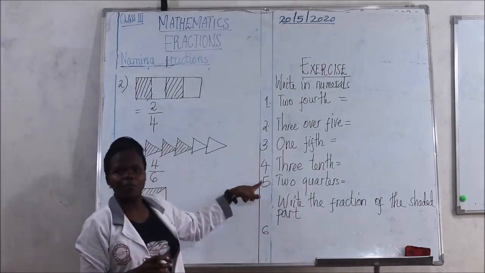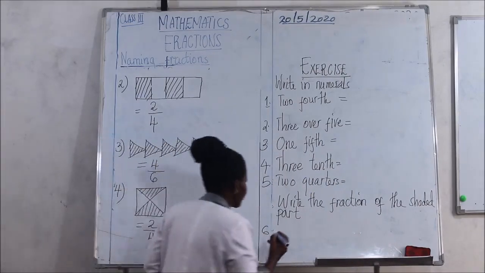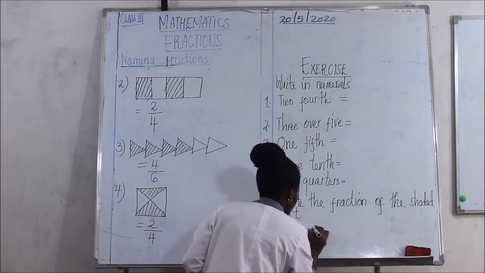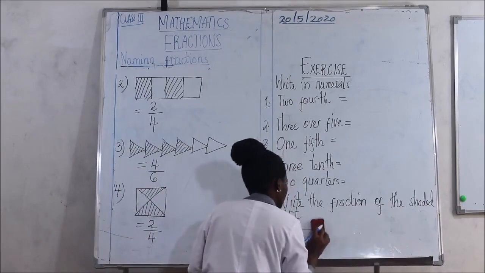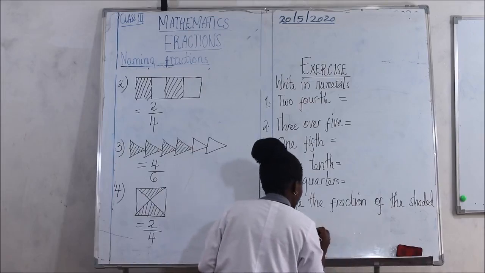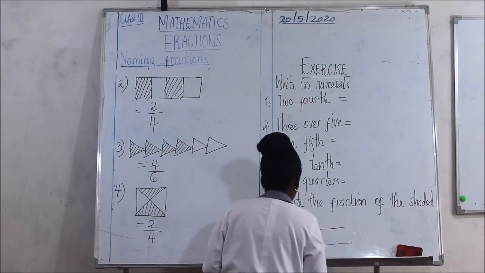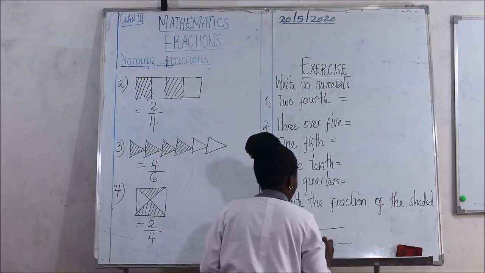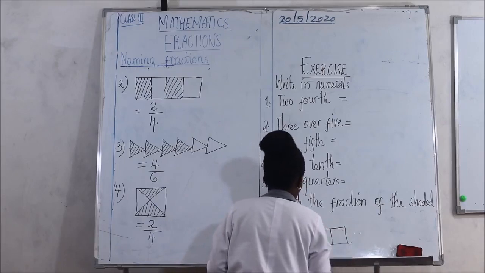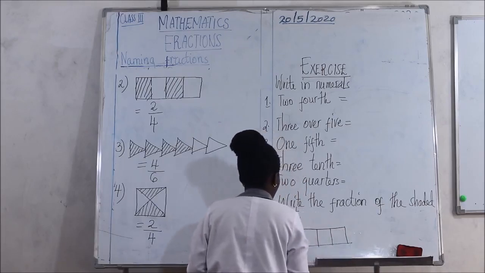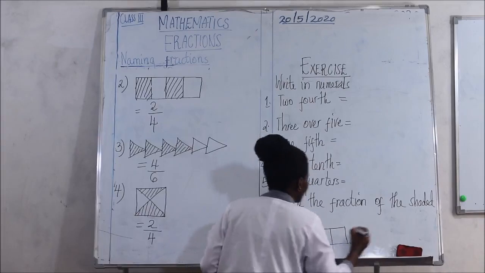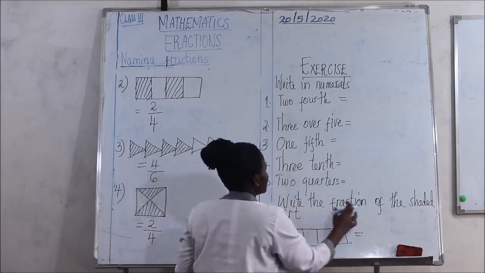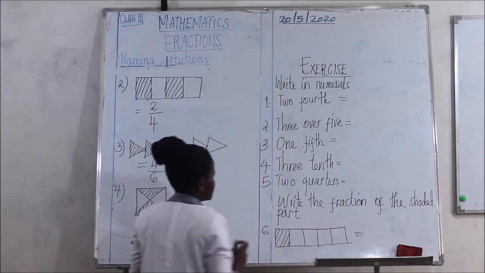You continue from number 5, where maybe the diagram. So here I want you to write the shaded part of this one, or the shaded fraction. Write the fraction of the shaded part in this one.